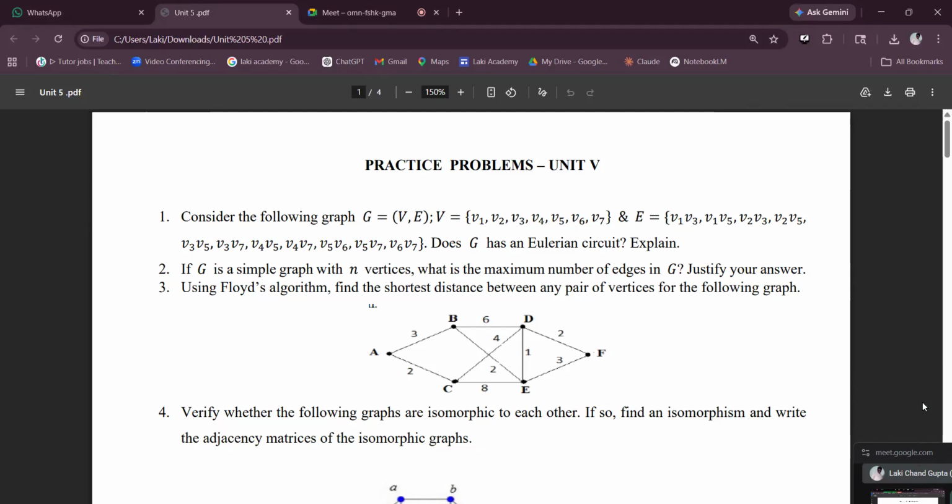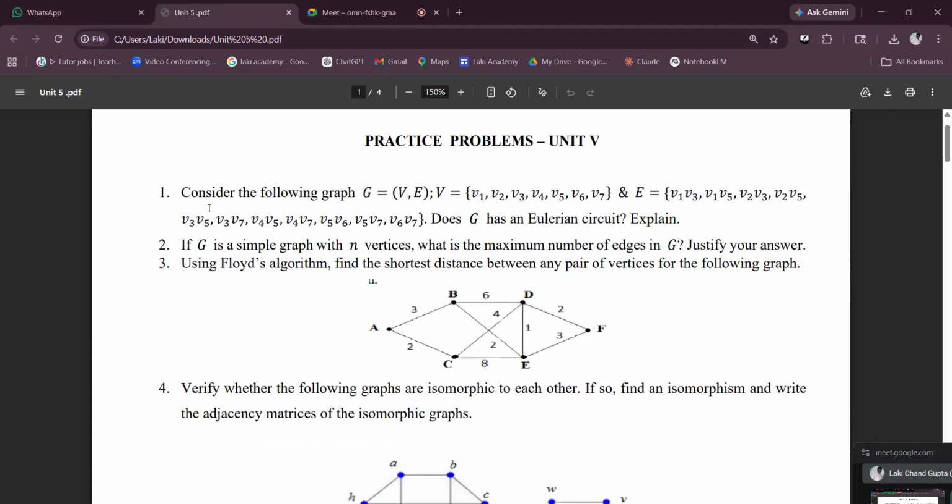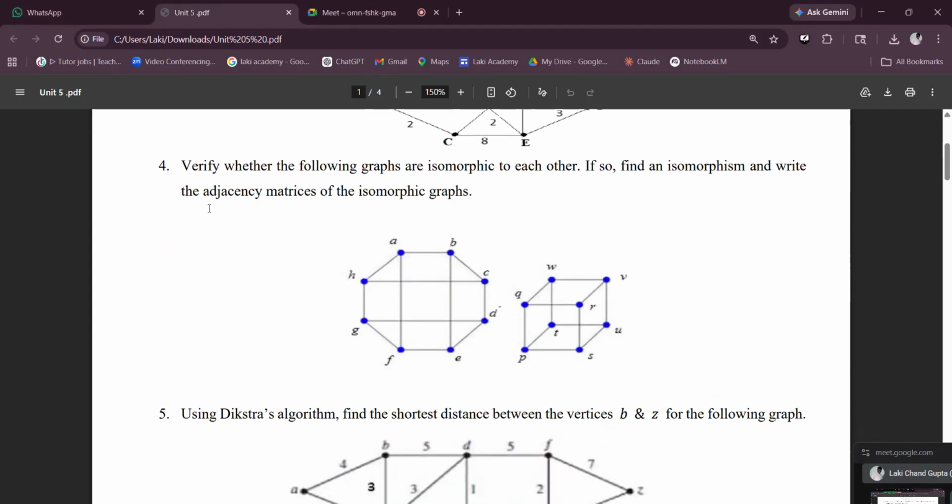I think this topic will come next time, because there was no Floyd algorithm in your PDF.